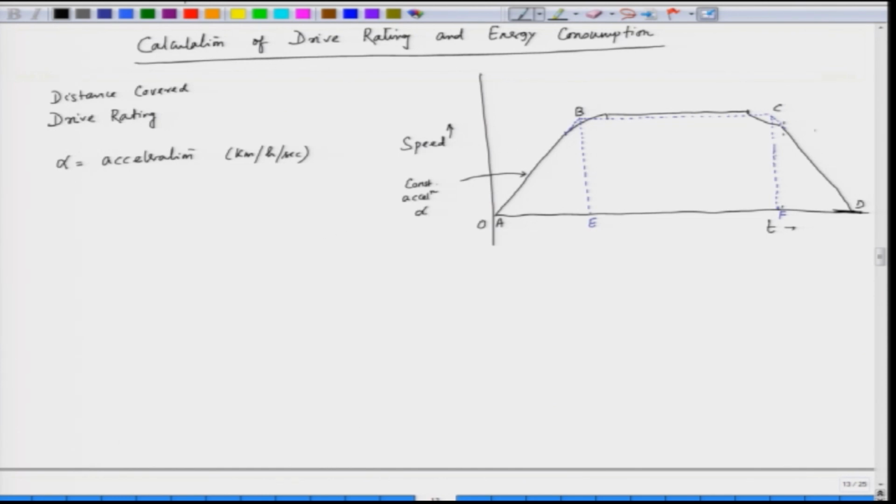And we also have the deceleration, and the value of deceleration is beta. So, beta is the deceleration during the braking region, and this is in kilometer per hour per second.